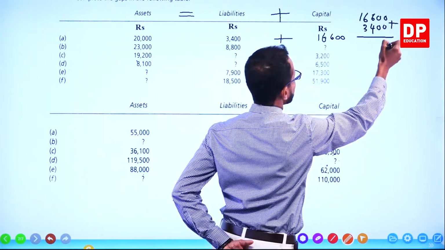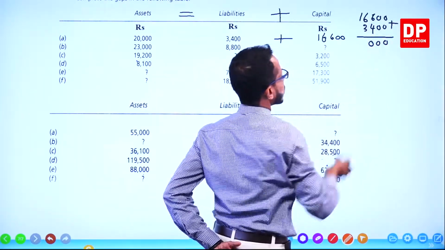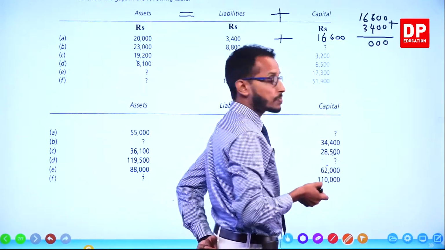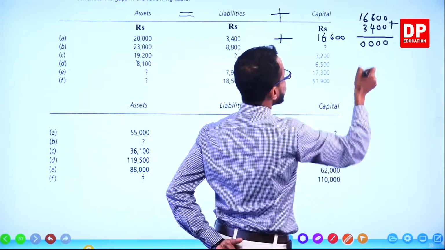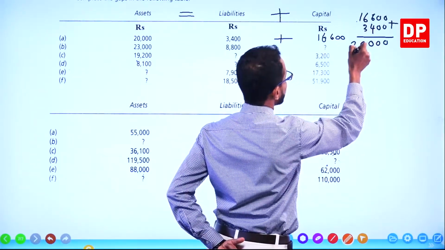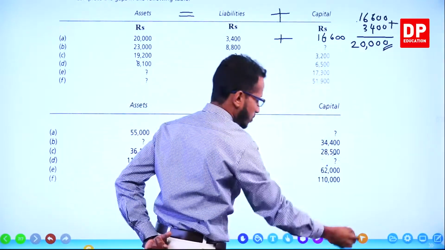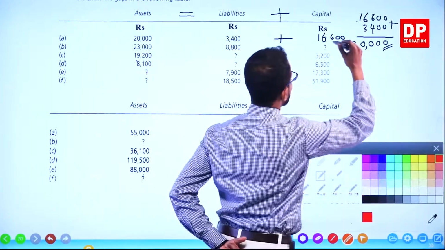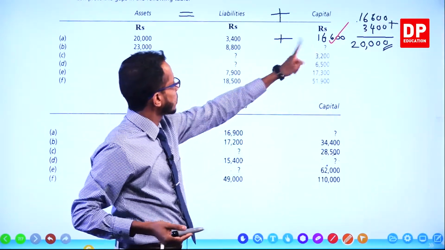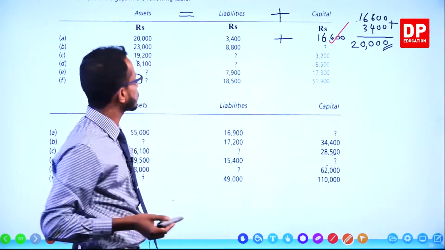Adding: 0, 0, 0, 6 plus 3 is 9, then 1 remainder 1 plus 1, 2, 20,000 comes. So this amount is correct. We have done the calculation correctly. 16,600 plus 3,400 equals 20,000 assets.